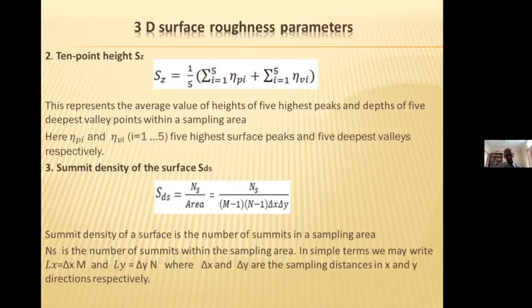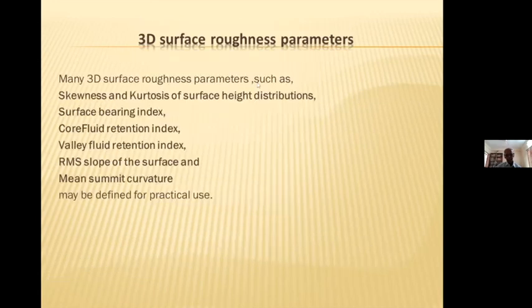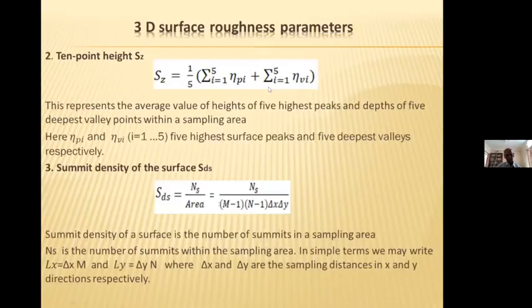So it simply takes the sum of the heights of the highest peaks and the sum of the depths of the valleys and adds them and takes 1/5. It's a very simple way of doing it.